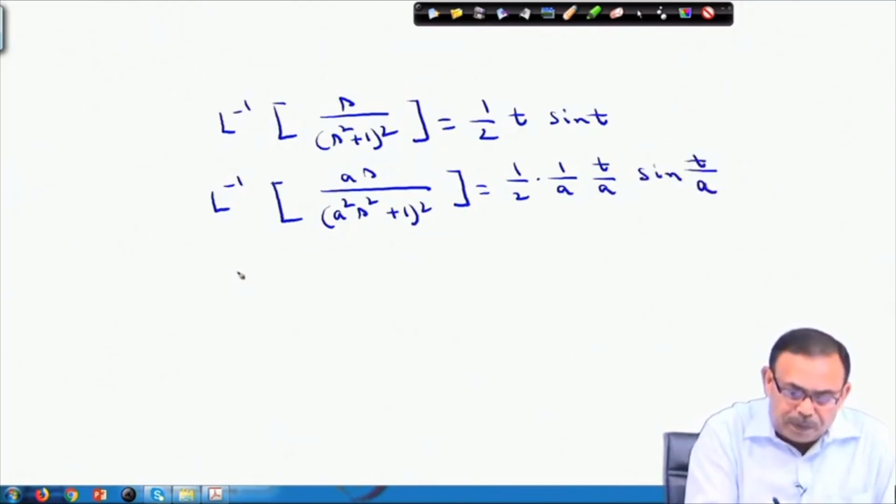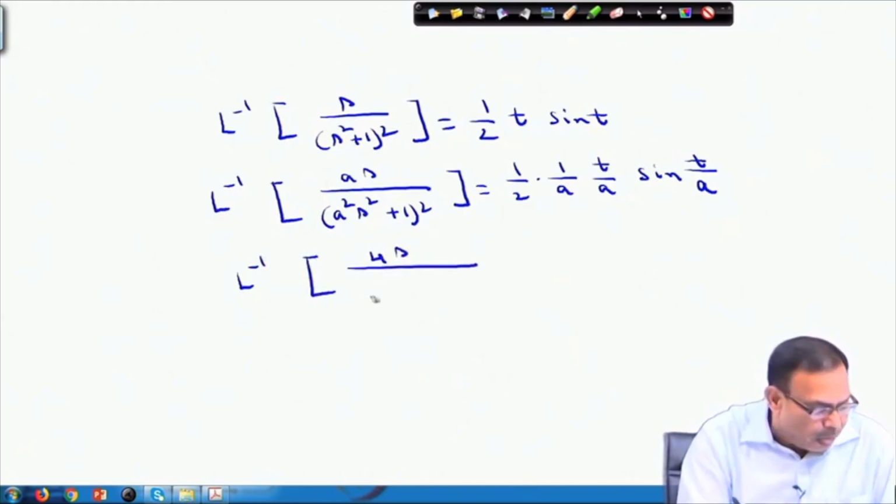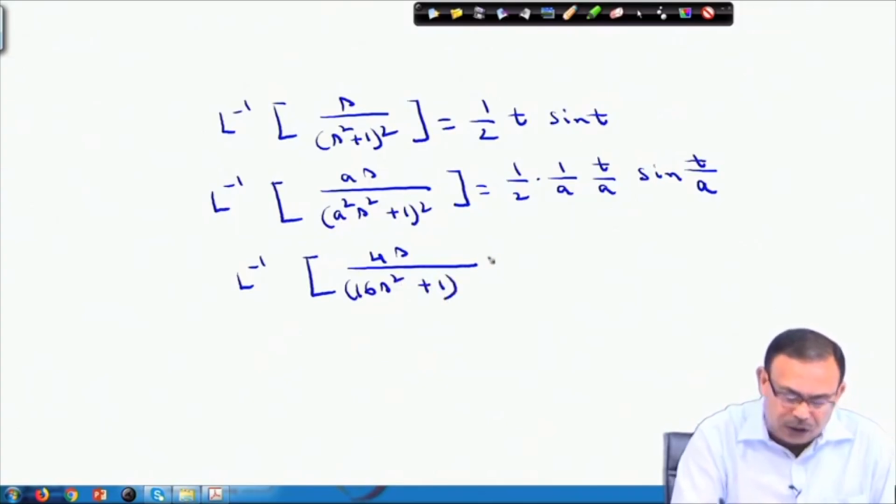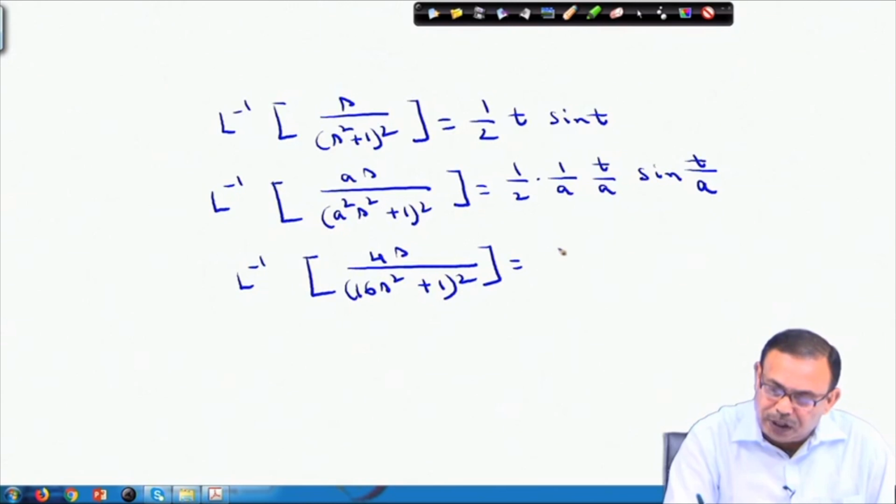So, the Laplace inverse of 4 s by (16 s square plus 1) whole square, if I make it this way, that means a is replaced by 4. So, it will become 1 by 8 t by 4 into sin t by 4.